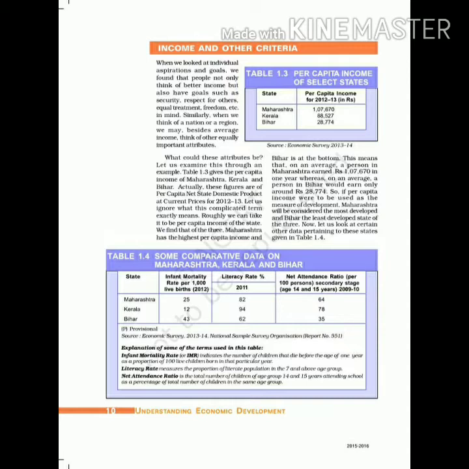In same way, in Haryana, Kerala and Bihar, infant rate, literacy rate and net attendance ratio is being compared. So this is how states development can be seen and measured.